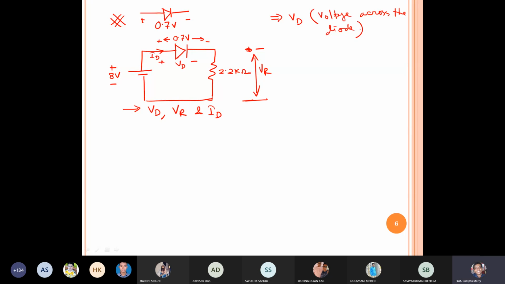As right now we are trying to solve the problem, we will not use 0 volt, so we will use 0.7 volt. So obviously VD should be 0.7 volt because it is the positive terminal. So there will be one current. So VD is known. Everybody got this VD? Yes, sir. Very good.